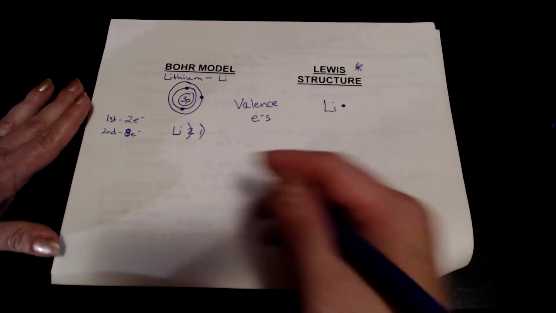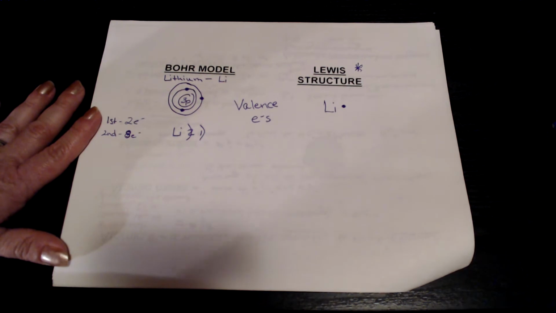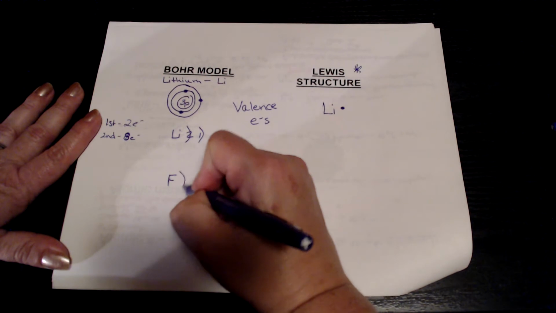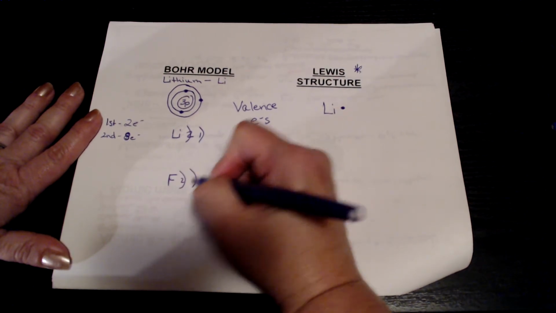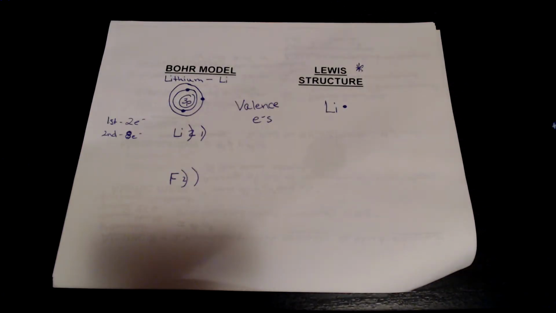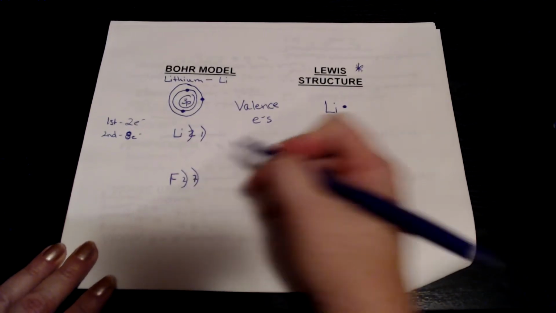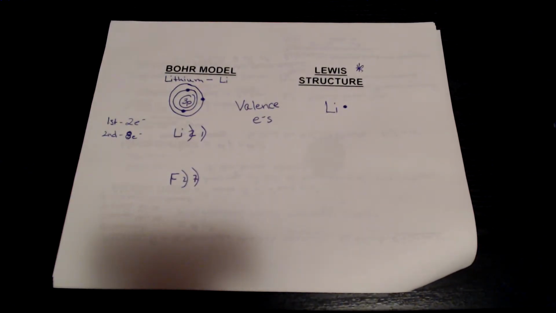So for example, if we took a look at chlorine, chlorine's too big. Let's look at fluorine. If we take a look at fluorine, fluorine would have 2 in the first and 7 in its second shell, having 7 valence electrons.